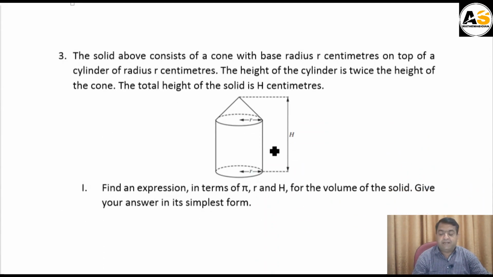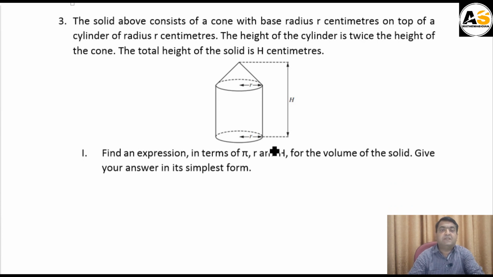Next, we move to question number 3. In question number 3, we are given a solid and it consists of a cone. This is a cone with base radius r, its radius is r. On top of a cylinder of radius r, this is a cylinder, its radius is same, r.